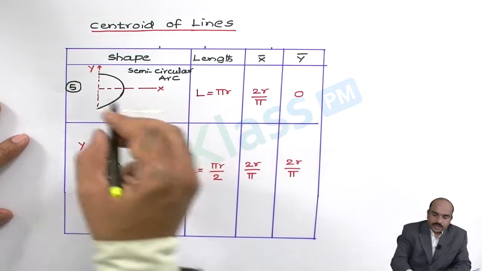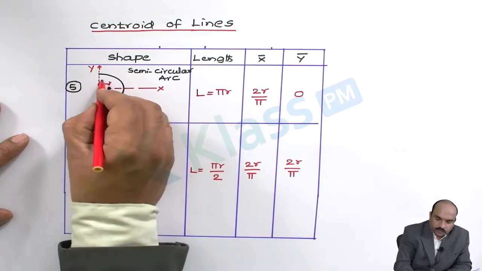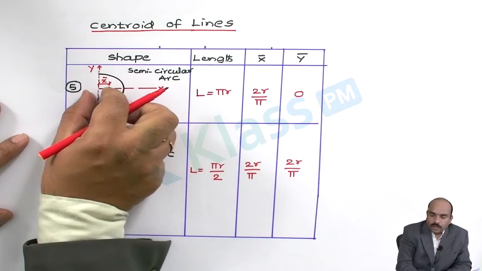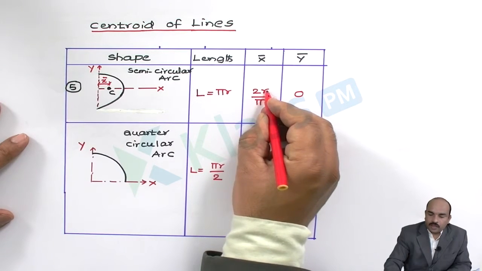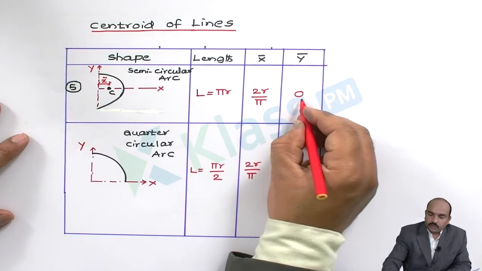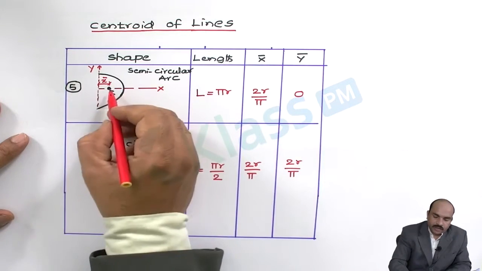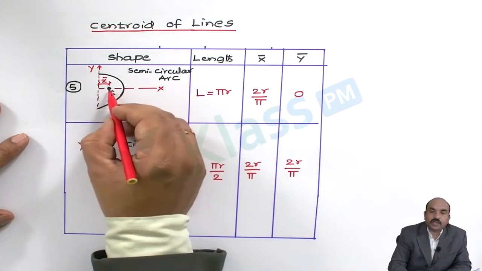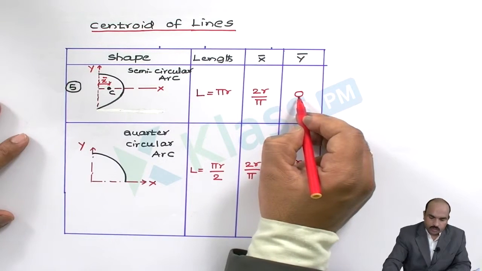Now x bar is the distance up to the center, and the formula for x bar is 2r by pi. Y bar, the y centroid, is 0 because the center and x-axis are at the same point, so there is no distance along y.